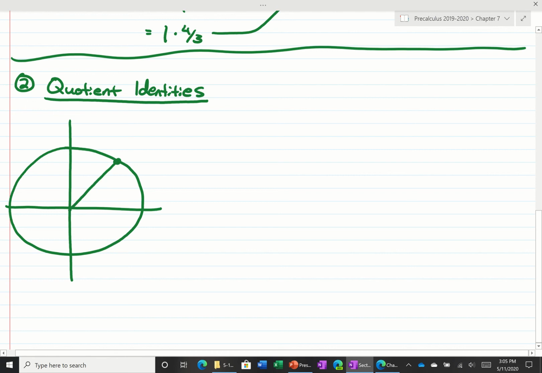Now we have our unit circle, which we talked about with quadrantal angles. And any point on that circle has an x and a y value. And remember we said that sine of this angle was y, cosine of this angle was x, and tangent, because the hypotenuse is 1, tangent would be y over x.